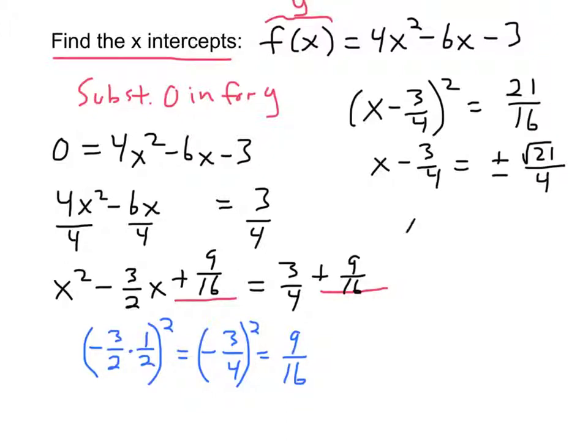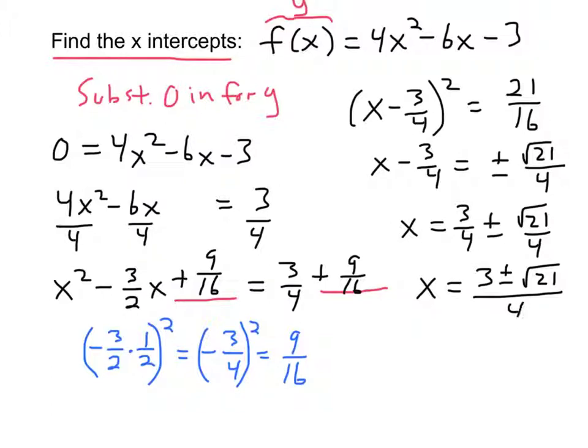And then we'll add 3/4 to both sides, so we have 3/4 plus or minus the square root of 21 over 4. And since we've got two fractions with a common denominator and we're either adding or subtracting them, we can combine that into one fraction by saying 3 plus or minus the square root of 21 all over 4.